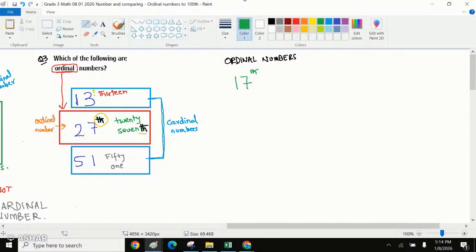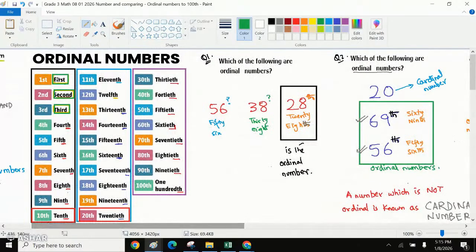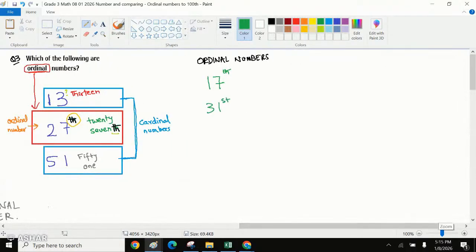If we have 31, 1 is also always known as st, because we know the rule, 1 is first in cardinal numbers, so we write st. If we have 42, 2 stands for second, so we write nd. These are the three abbreviations that are used.